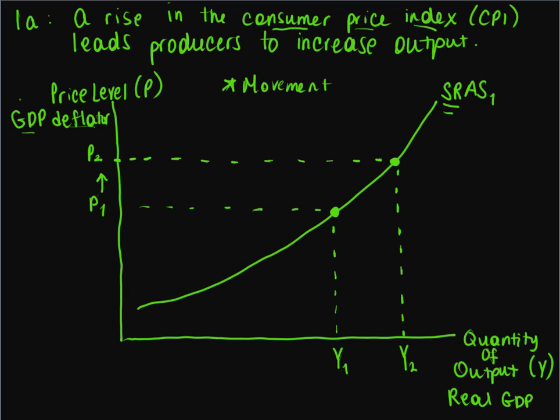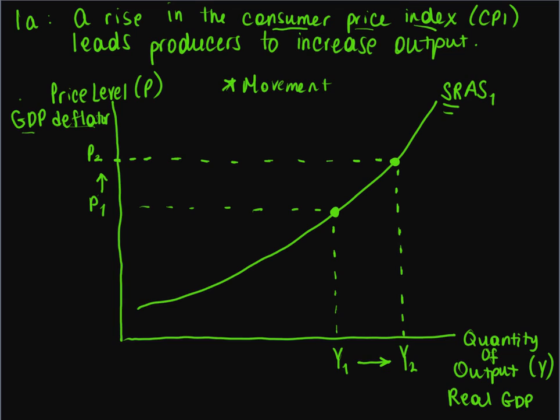This makes sense because even though the consumer market basket is just a part of the basket that gets factored into the GDP deflator, it is still a part that is increasing. So as the price of those consumer goods increases, we would expect to see the GDP deflator increase as well.